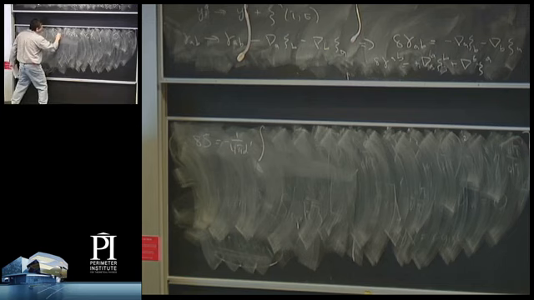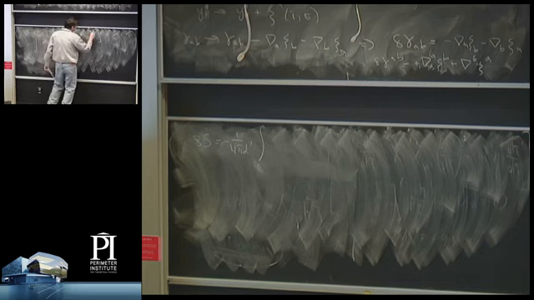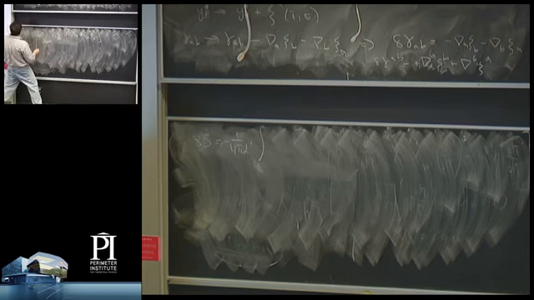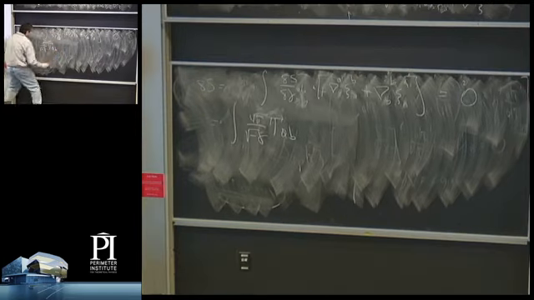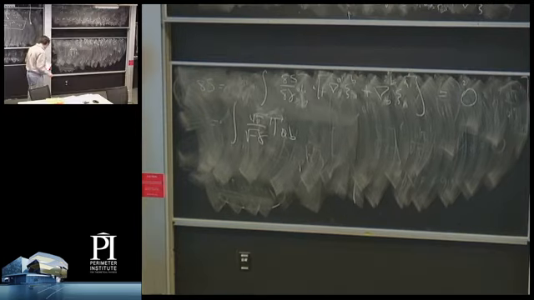So this variation will be square root of minus gamma over 4 pi, times T AB.